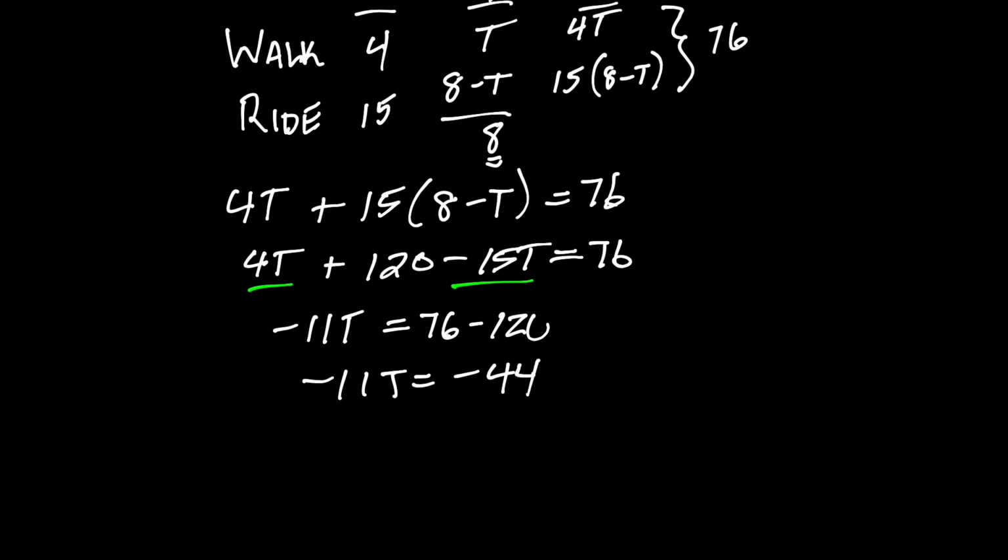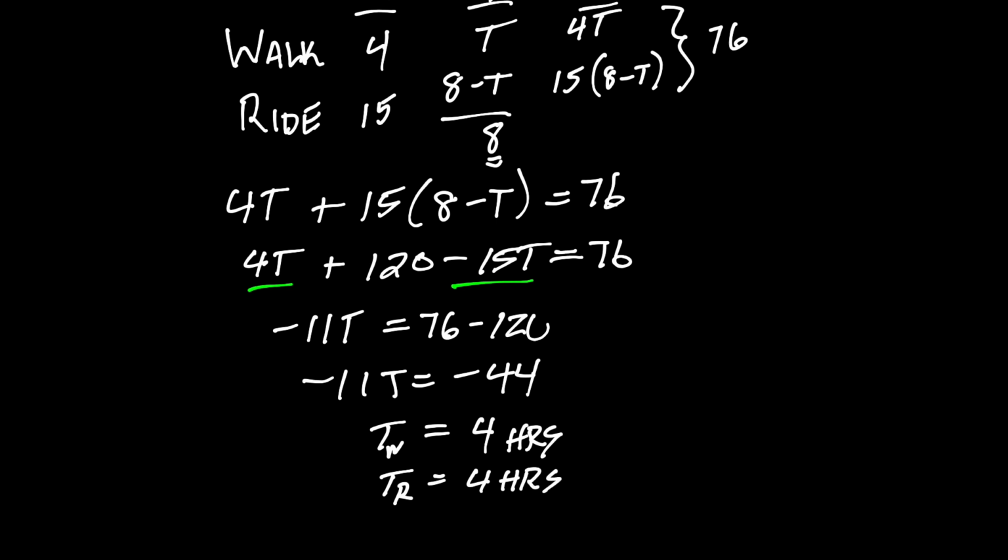That makes sense because negative 44 divided by negative 11 is going to equal 4. So I know that Carlton walked for 4 hours. I could also now find out how long he rode for too. The time walking, say T sub W, is 4 hours, so I know the time riding would also be 4 hours because it was a total of 8 hours.